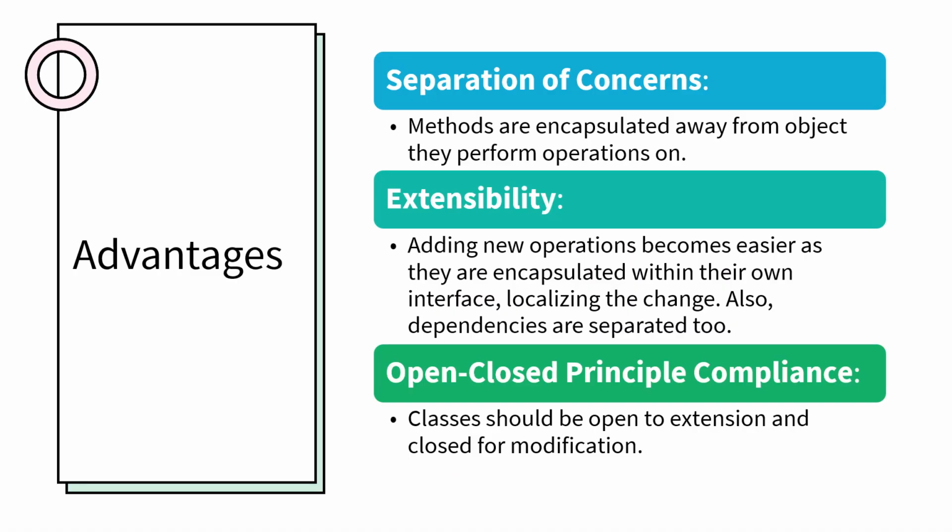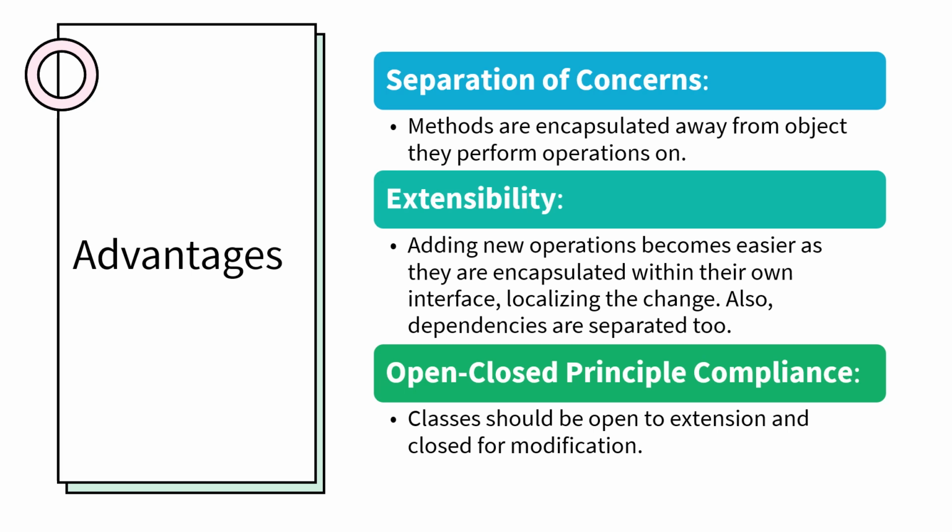The main advantage of the visitor pattern is that it allows for localized changes. By abstracting the draw and translate functionality into the visitor interface, any changes made to these methods in the future won't require modifications to the shape interface implementations.